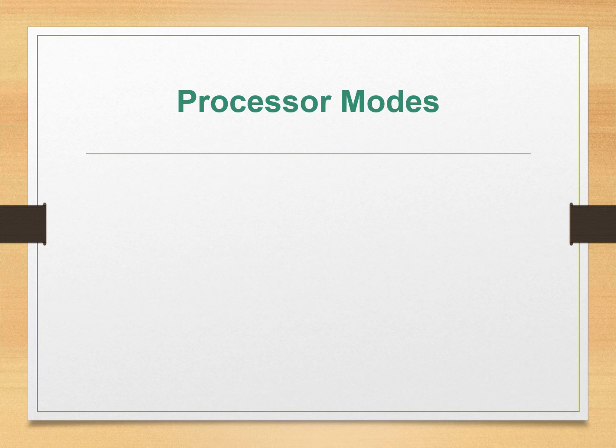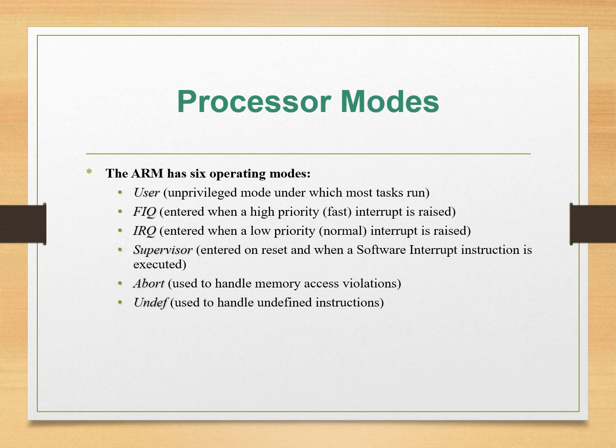Next, the processor modes. There are only 6 operating modes for the ARM processor. We have user mode, an unprivileged mode under which most tasks are run. Then we have FIQ, entered when a high priority fast interrupt is raised.